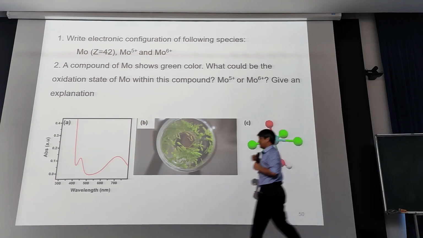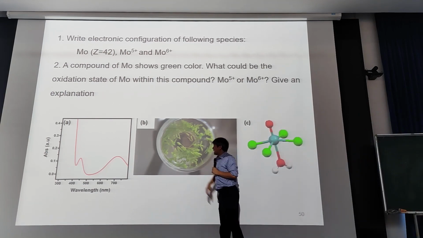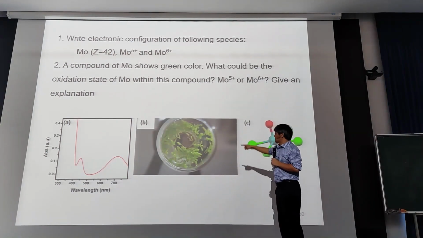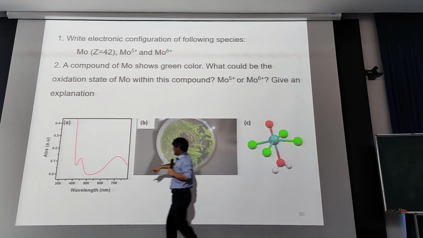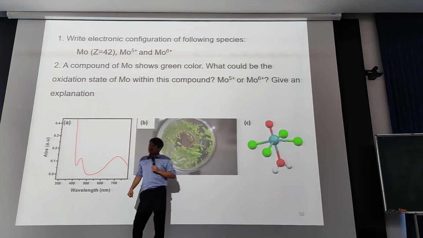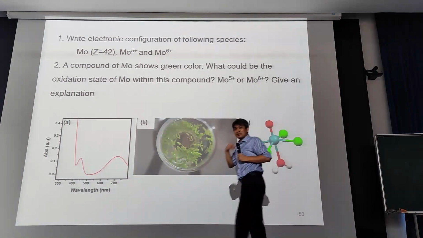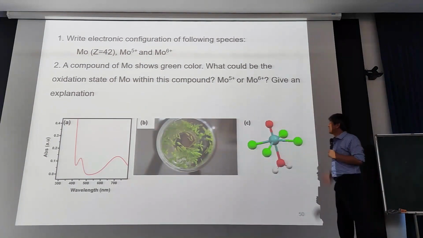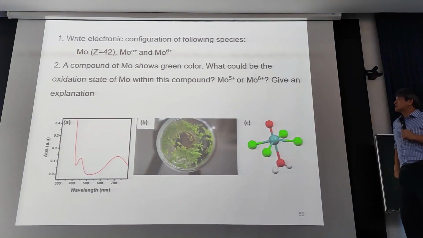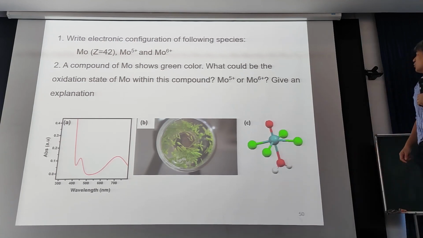I picked it up from my research lab, not imagined. You see that it has a green color because it absorbs the red light. Okay? If it absorbs the red light, you see the green color. What would be the oxidation state of this molybdenum within this compound? Whether it's molybdenum 5 or 6.